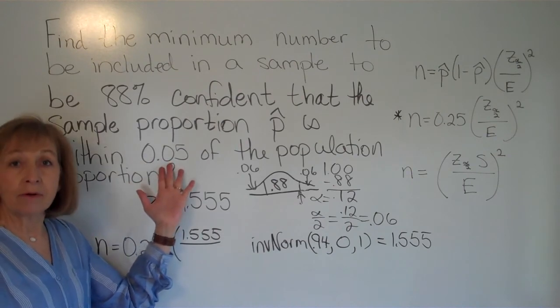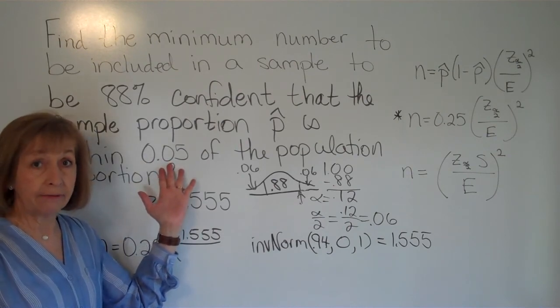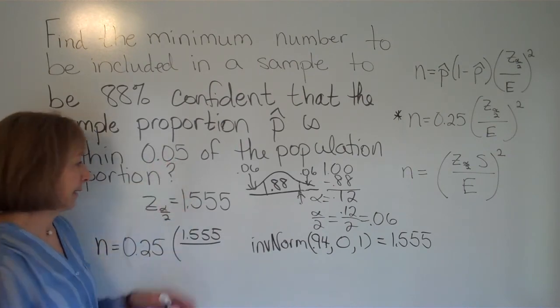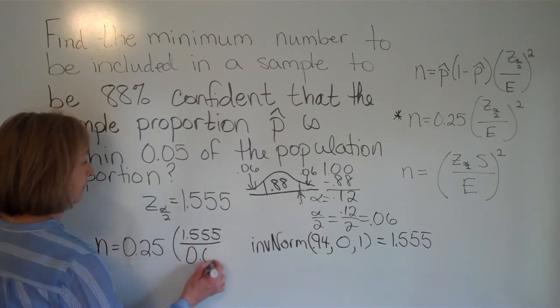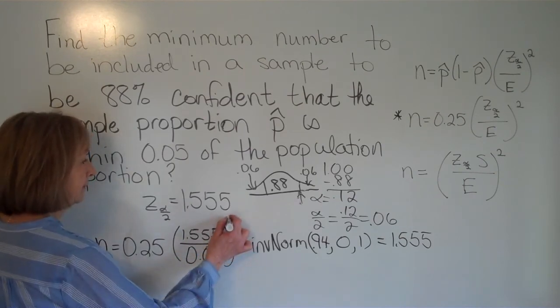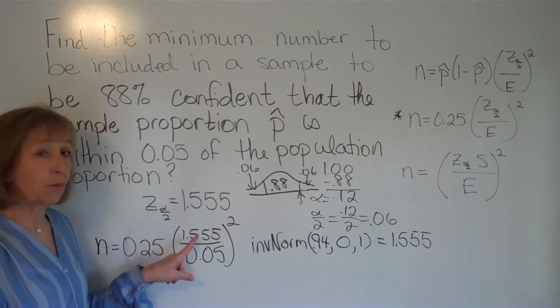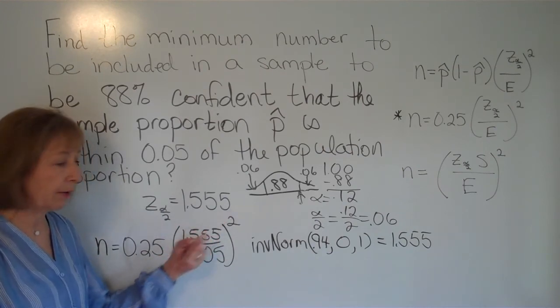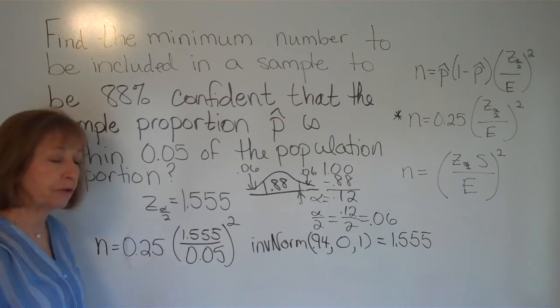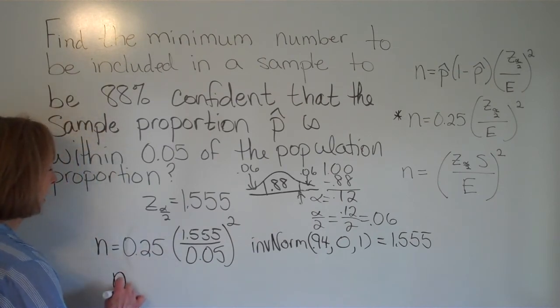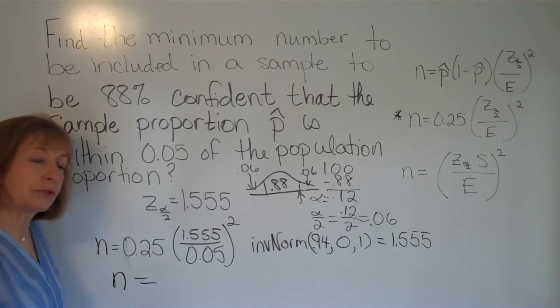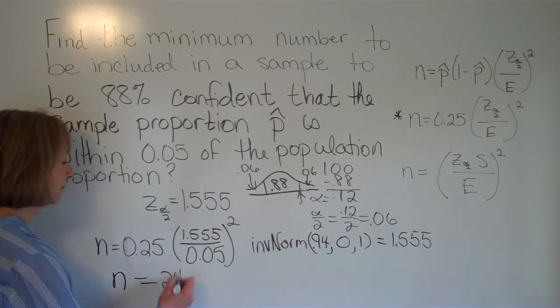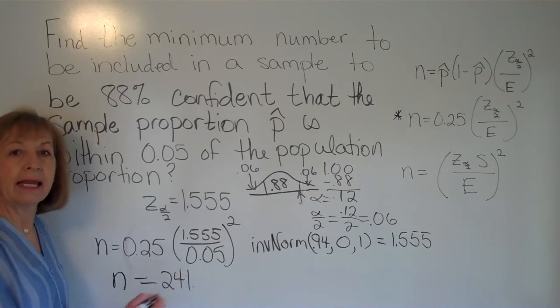So that number that follows the word within or any of those other phrasings, that's your E. So you're going to take 1.555, divide by 0.04 in parentheses and square it, and then multiply by the 0.25, and you get n is equal to 241.80.